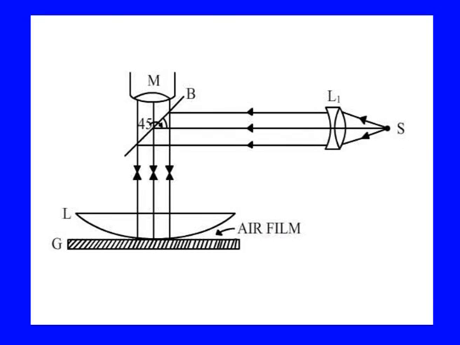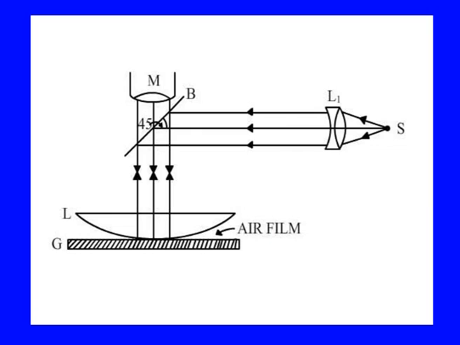B is a glass plate, which reflects the beam down, so the light falls vertically, in normal incidence, on the film. Remember, the angle theta r now will be 0. On top we have a microscope to observe the fringes. The microscope is focused on the film.